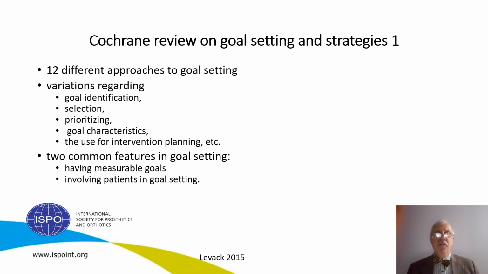A Cochrane review on goal setting and strategies showed that there were 12 different approaches to goal setting.